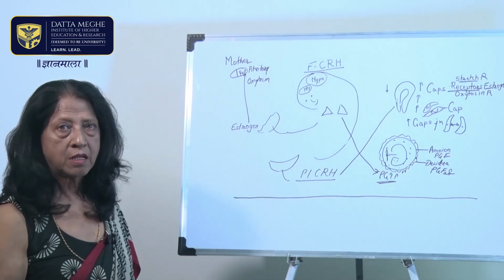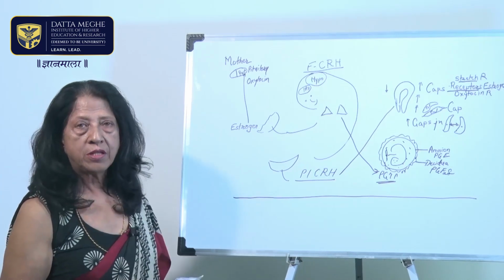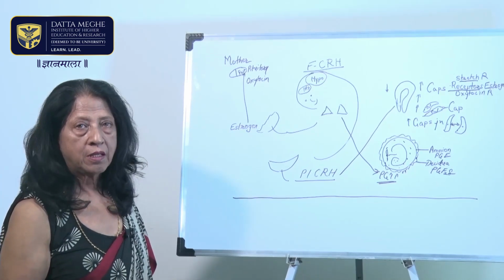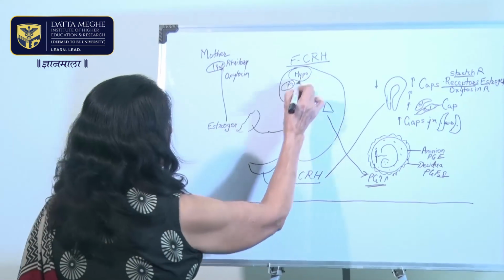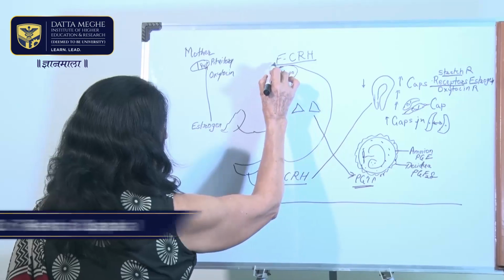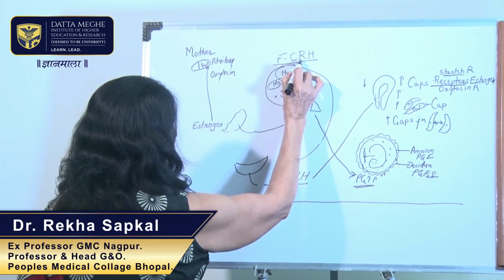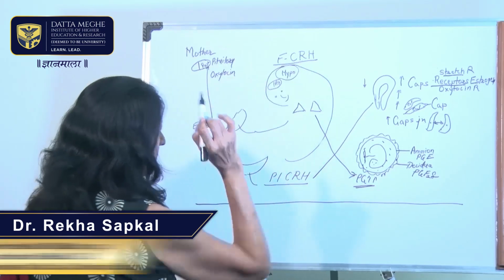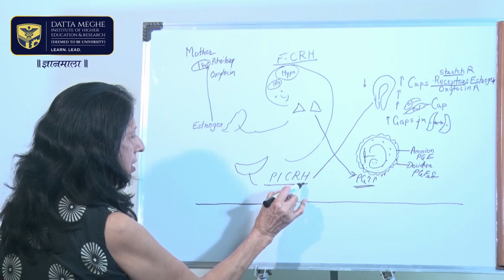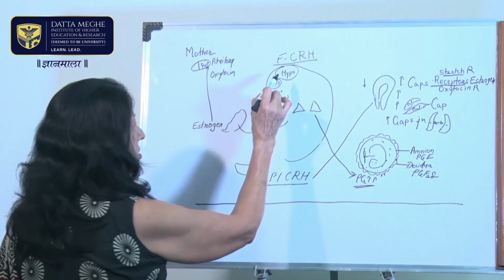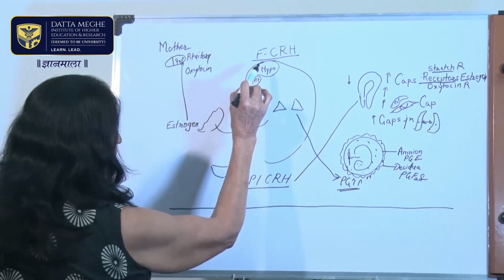Let us discuss what is the scenario with the onset of labor pains in the hormonal pattern. So, you remember here first in this flow chart you write down here fetal corticotropin releasing hormone and this one is placental corticotropin releasing hormone. This corticotropin releasing hormone is from the fetal side initially.